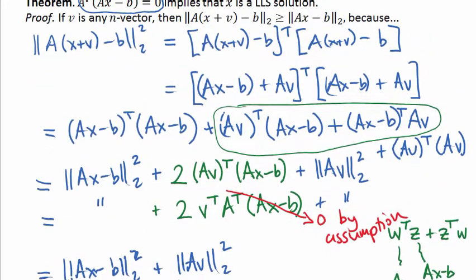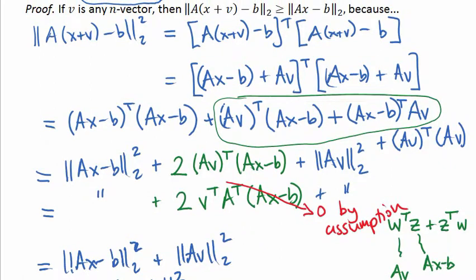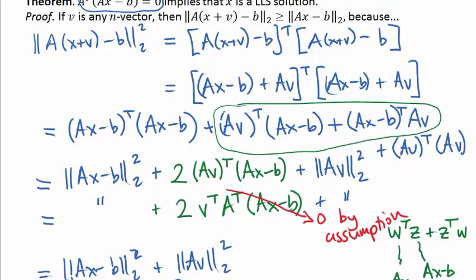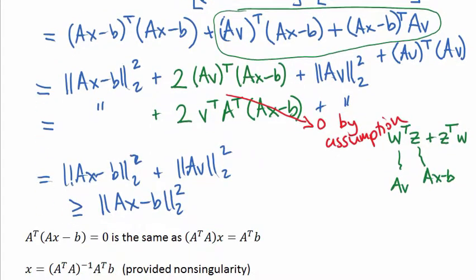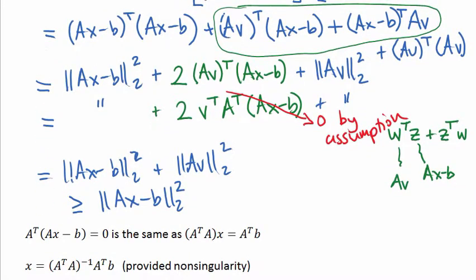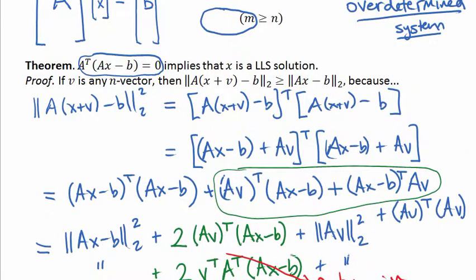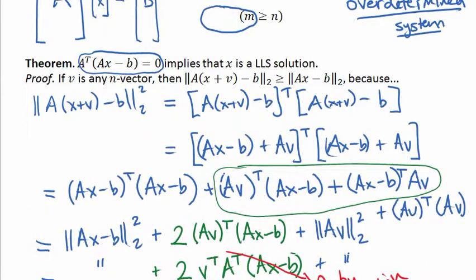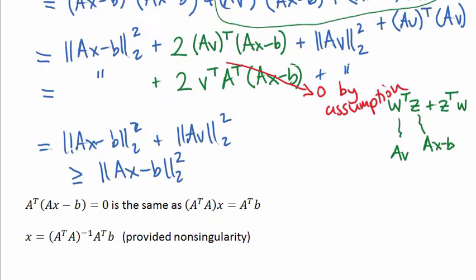So you scroll back from beginning to end, we have this term squared is greater than or equal to this term squared. Well, that's what I said at the beginning. If we could prove that, then we've actually proven that x is a minimizer. So we're done.